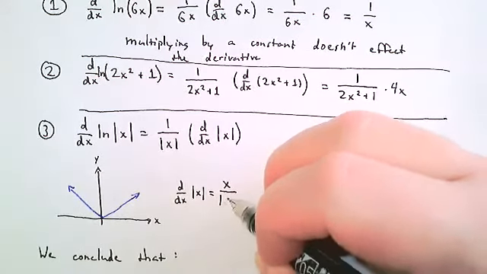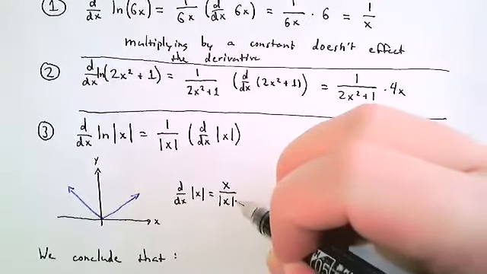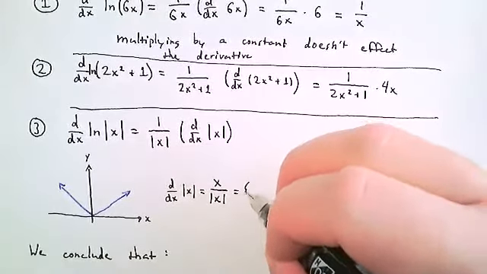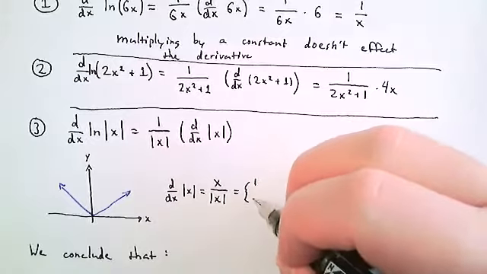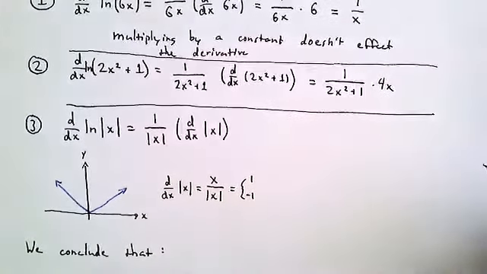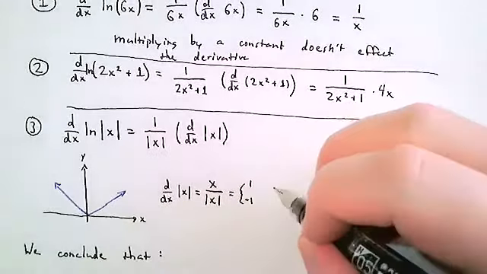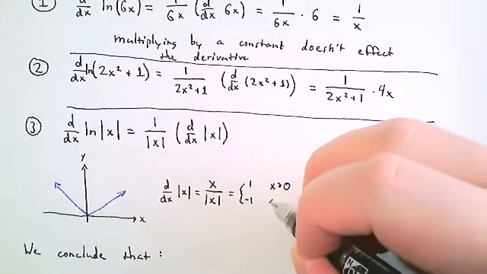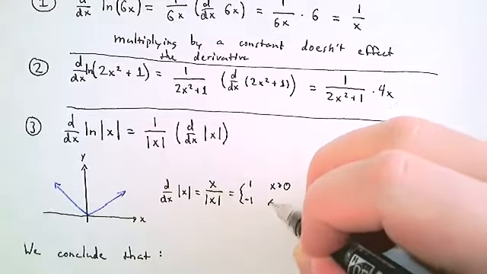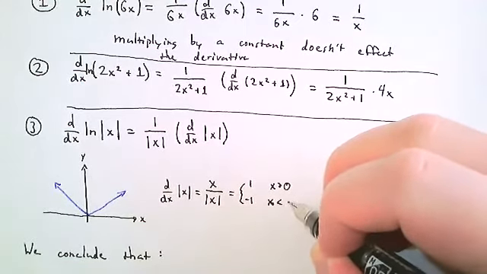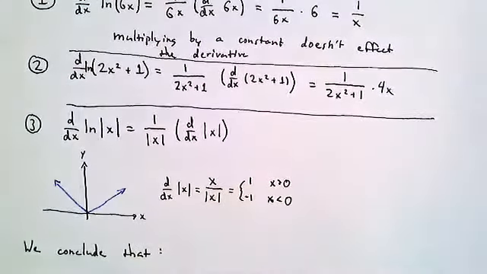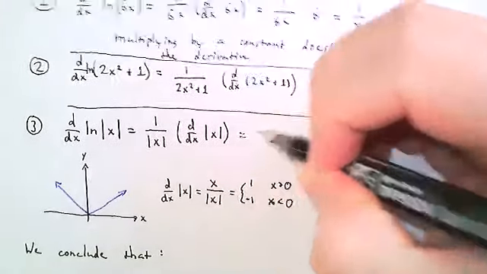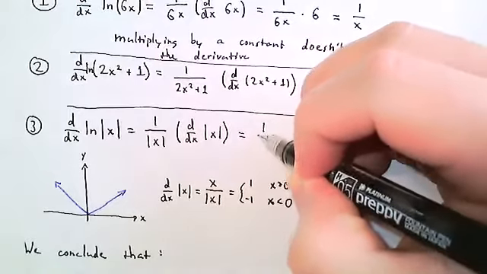And the easiest way to write that is like this. It's x divided by the absolute value of x. Which works out to a piecewise function, 1 for x greater than 0, and -1 for x less than 0. So in case you didn't remember that, that's how that works.